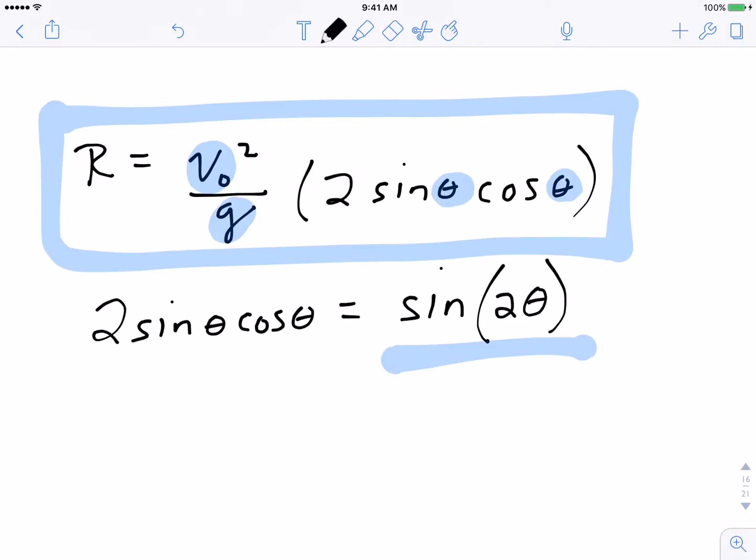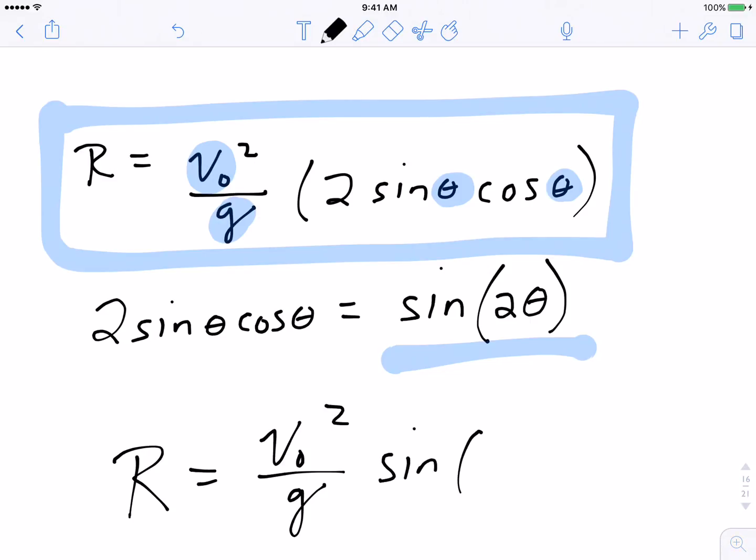So let's rewrite that. I now have something that says the range of a projectile, and don't forget our definition of range. Range is the horizontal distance that the projectile travels when initial height equals final height, equals V0 squared over G, multiplied by sine of 2 theta, and there you go.